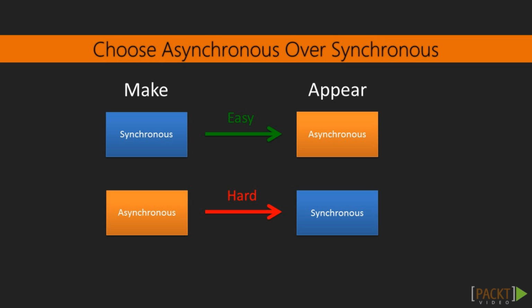Making something synchronous look or appear asynchronous is actually easy, but making something asynchronous appear synchronous is hard and error-prone. So given the choice, always go asynchronous for processes that might at any time be changed from async to sync, or vice versa, especially since now you are really skilled with asynchronous flows using promises.